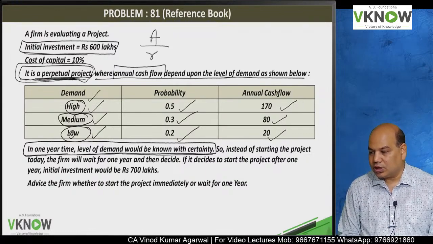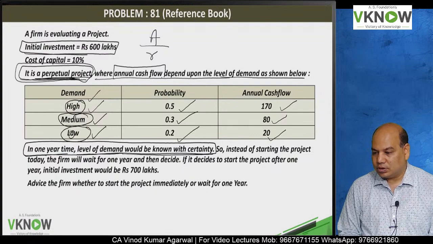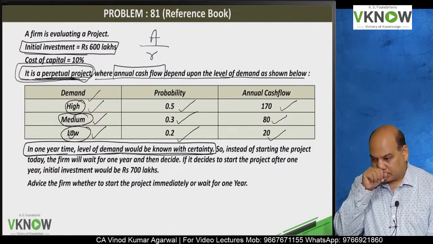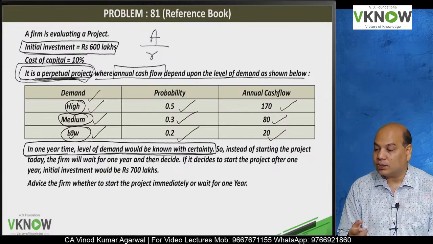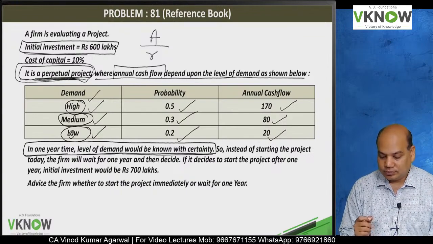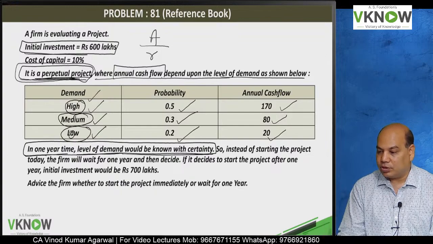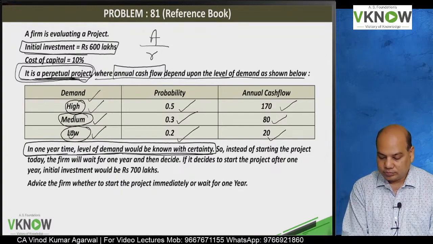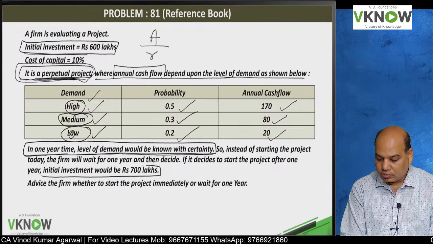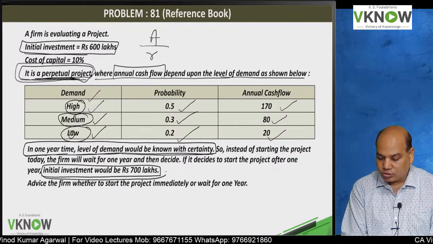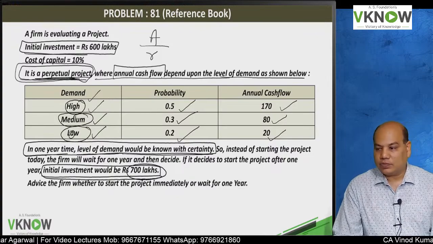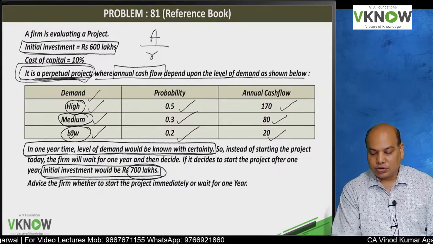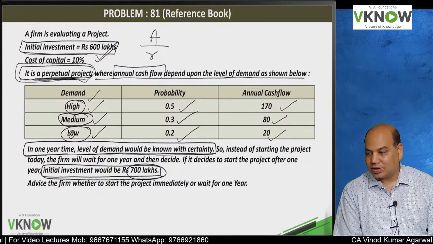So instead of starting the project today, the firm will wait for 1 year and then decide. If it starts the project after 1 year, the initial investment would be rupees 700 lakhs. If you start today, it will be 600 lakhs.